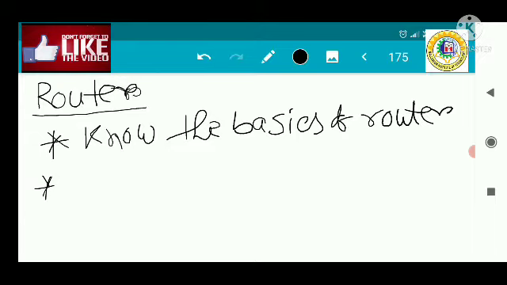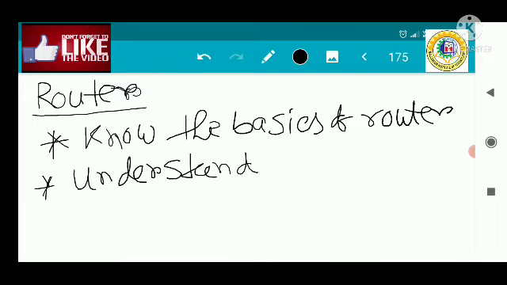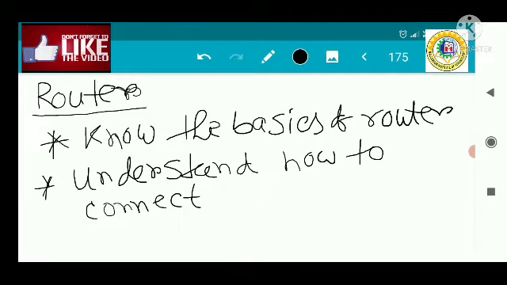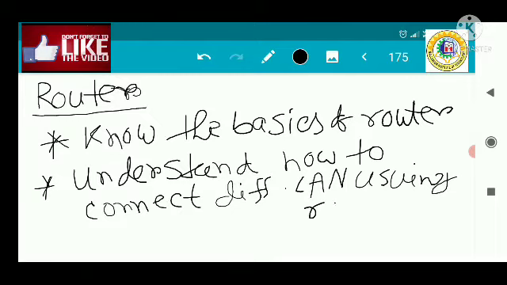Second, you will understand how to connect different LANs using this device, which is nothing but your router.